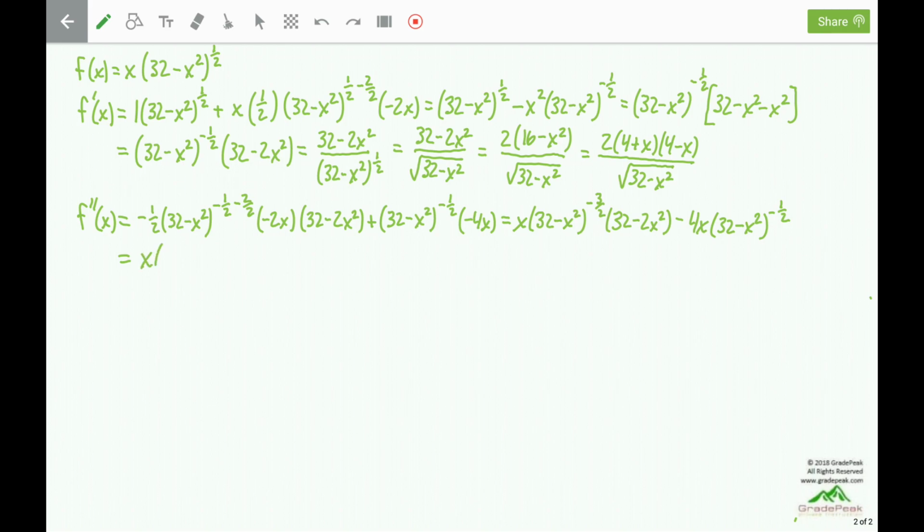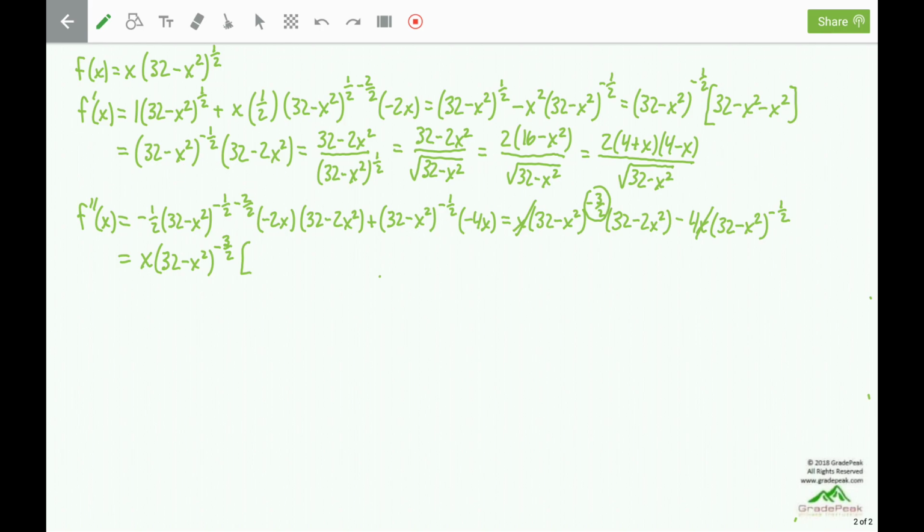So we can factor out an x and a 32 minus x squared to the negative 3/2 power. Factoring the x out, we'll take both of the x's out. Factoring out a negative 3/2 power, factoring is division. Division is subtraction of exponents, so we will be subtracting a negative 3/2, which is equivalent to adding a 3/2 to each of the powers.